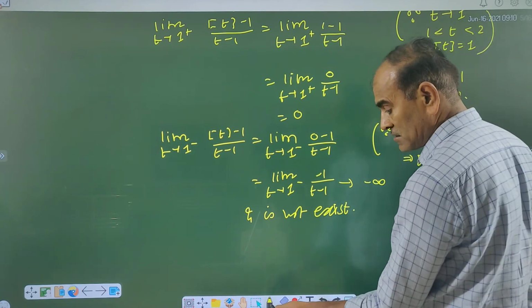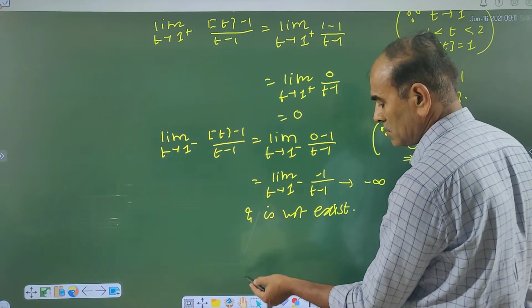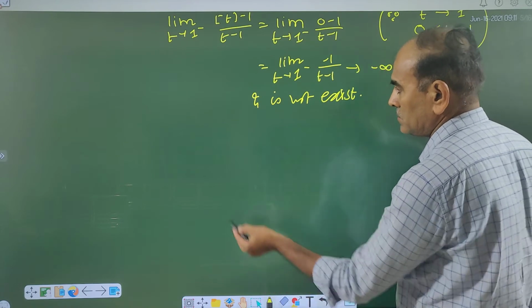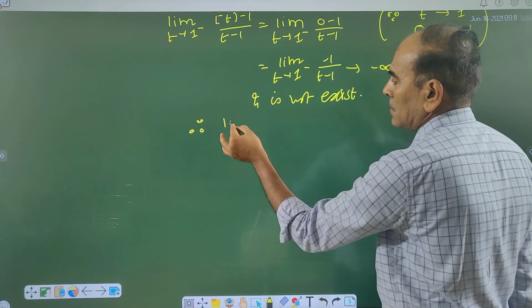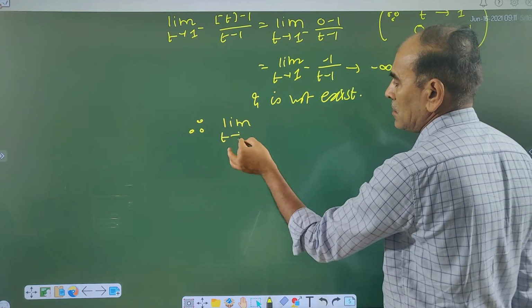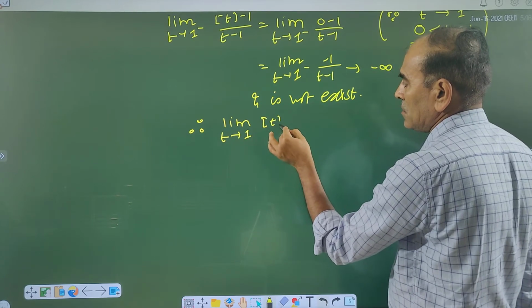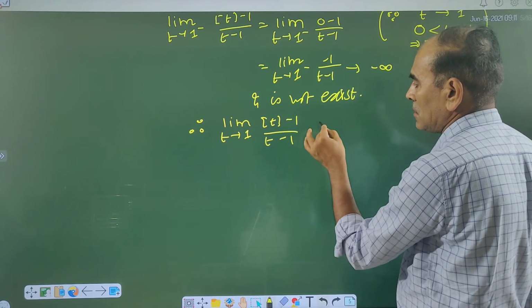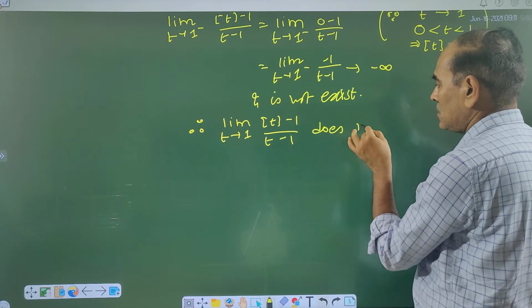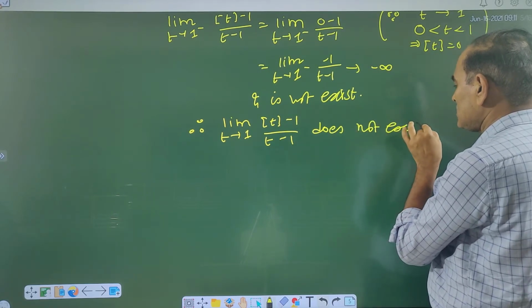Therefore the limit of integer part t minus 1 over t minus 1 does not exist.